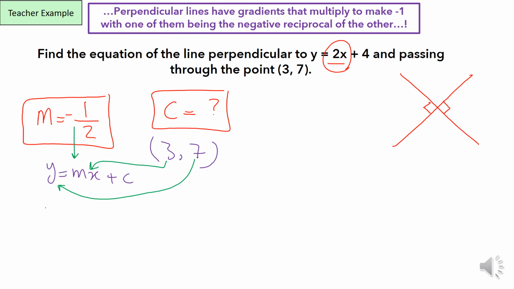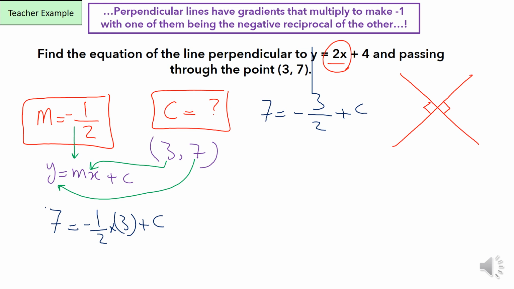Okay, let's do it. So y is 7 equals, m is minus half, my x is 3, so times 3, then plus c. I'm just going to go to the top of the page and carry on there. So let's simplify a little bit. Minus half times 3 is minus 3 over 2. So it's going to be 7 equals minus 3 over 2 plus c.